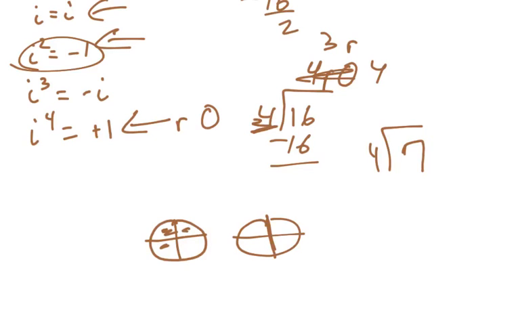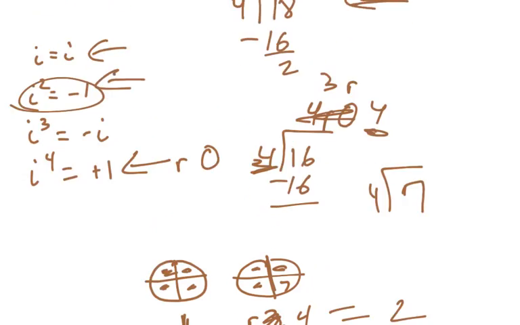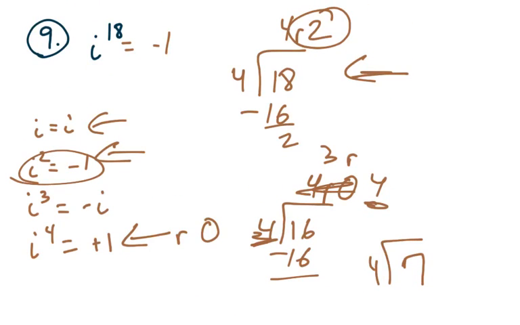So 1, 2, 3, 4, 5, 1, 2, 3, 4, 5, 6, 7. And so what this is saying is 1 piece with a remainder of 3. So if I said a remainder of 4, it would be the same thing as saying remainder of 2. So hopefully that makes a little sense in terms of what's going on here.